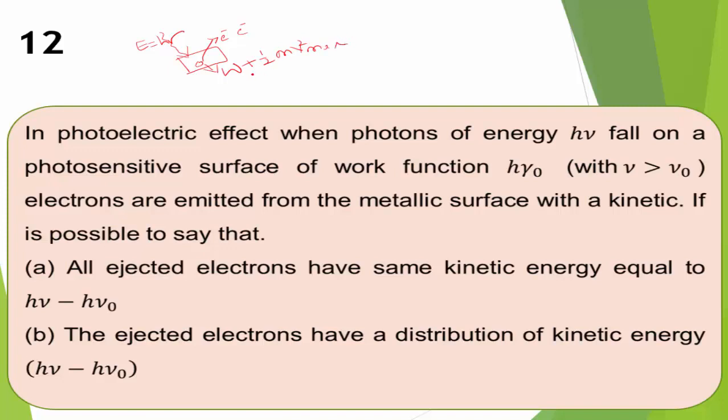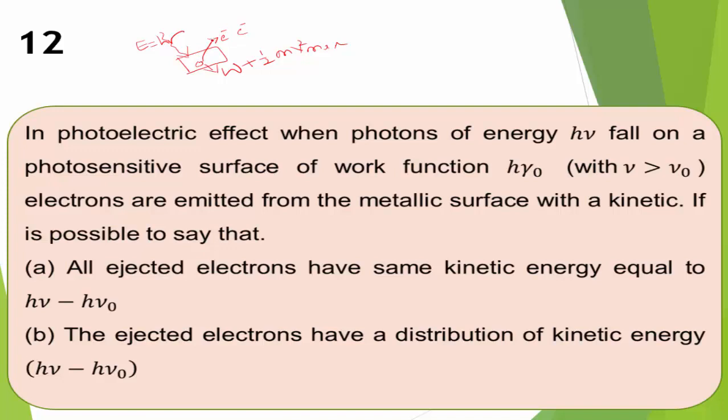You know this form. But here in this problem, photons of energy h nu fall on a photosensitive surface of work function h nu naught. Nu is greater than nu naught. Then only electrons are liberated from the metallic surface.